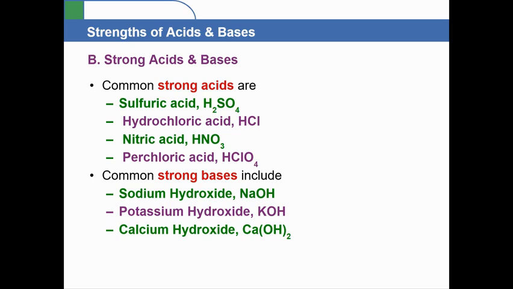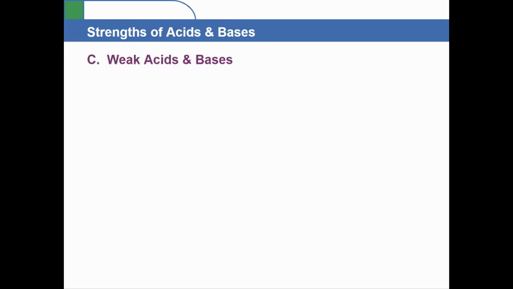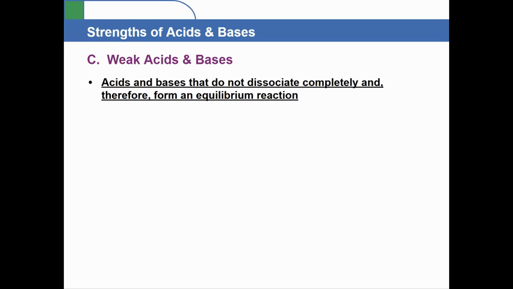Now, this is as opposed to weak acids and bases. A weak acid or base is one that does not dissociate completely, and therefore it forms an equilibrium reaction. For example, you have a weak acid, HB, and it reacts with water and produces hydronium and an ion B negative.